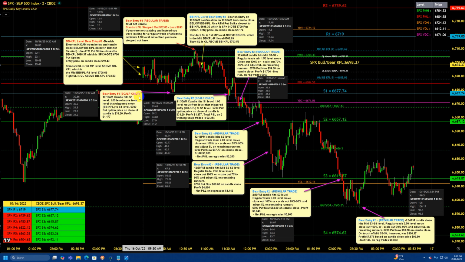Here was, if you were just scalping, remember you had the scalp trade, there was no stop out, and if you're a scalper and you entered this trade again for entry number 2, then you would have gotten out on the one level move when it hit right here at 11:30, which was 16 minutes before it hit the 1.5 level. So one level move again from the level we're trading down to S1.